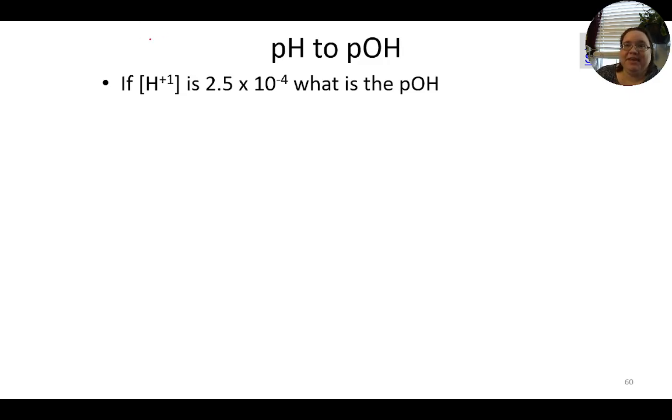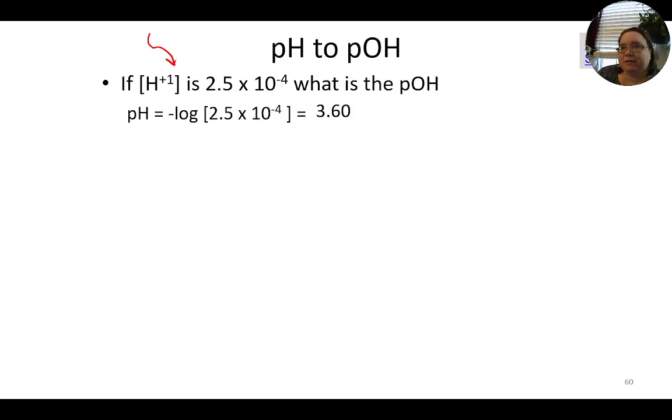Well, if I am giving you the H plus, let's take the negative log of it. Because if we take the negative log of that, we will have pH. And that's something that's a little bit closer to pOH. So I take the negative log of that. Calculator gives me 3.60. Great. Fabulous. We now have pH.